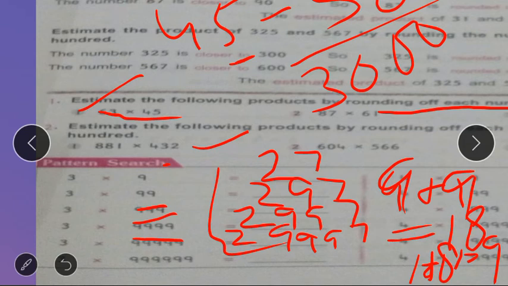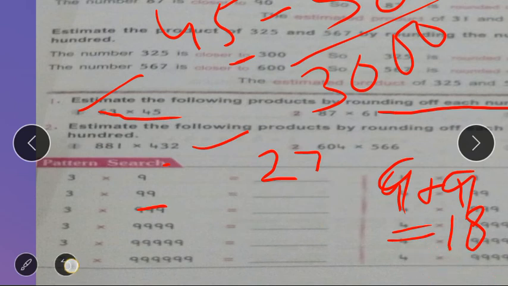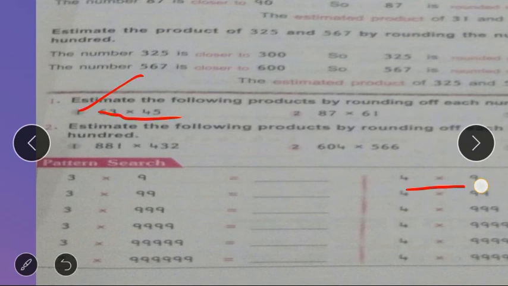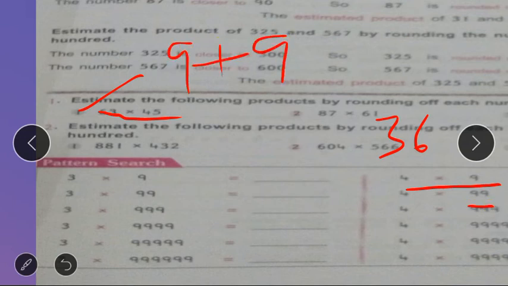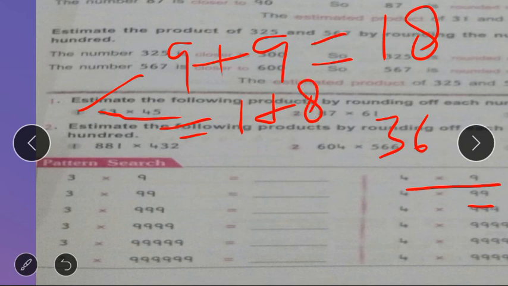Okay. Now look at the next pattern. All the patterns are based on this only. First one you have to multiply, like 4 9s are 36. You got 3 6. Then 9 plus 9 is 18. Then you have to add 1 plus 8, that is 9.